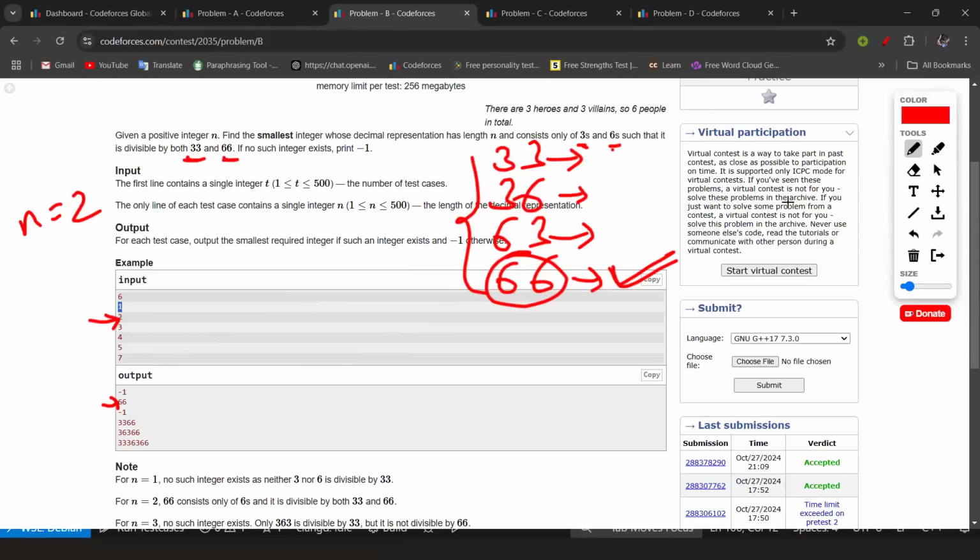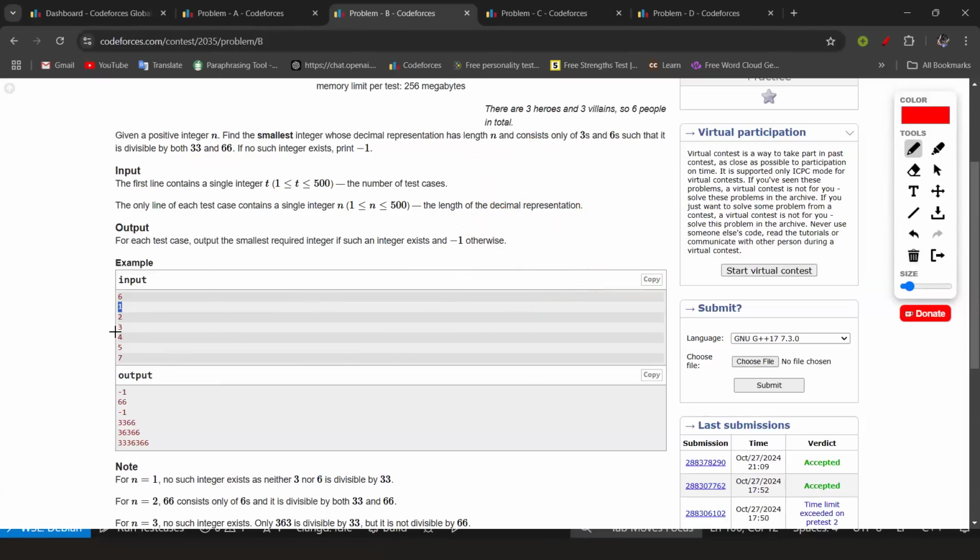Okay. Now for n equal to 3, we need to find a three-digit number consisting of only 3s and 6s that is divisible by both 33 and 66. We can see from the test case that its output is -1. Whatever combination you try, you can never form such a number. For n equal to 4, the answer was 3366, which is divisible by both 33 and 66.